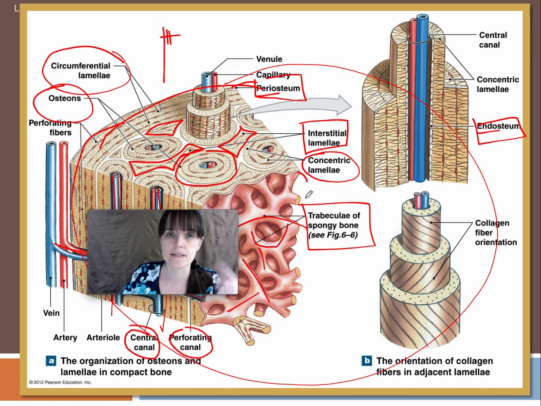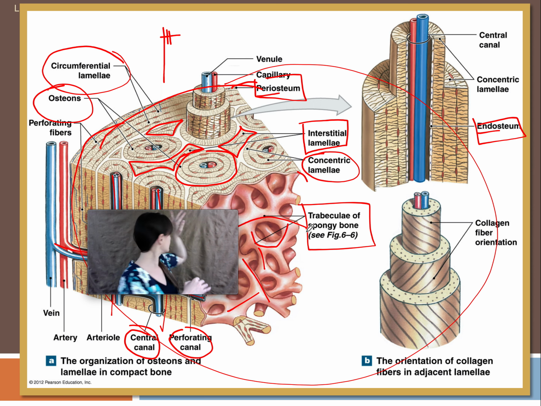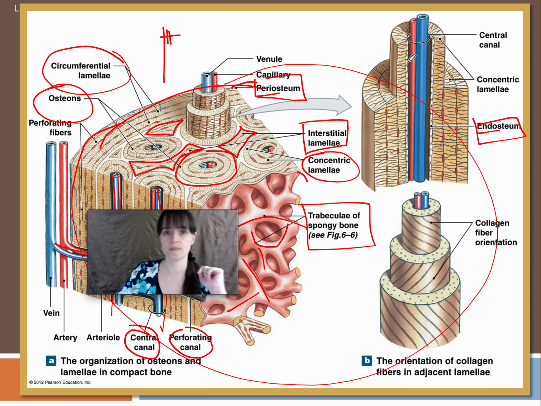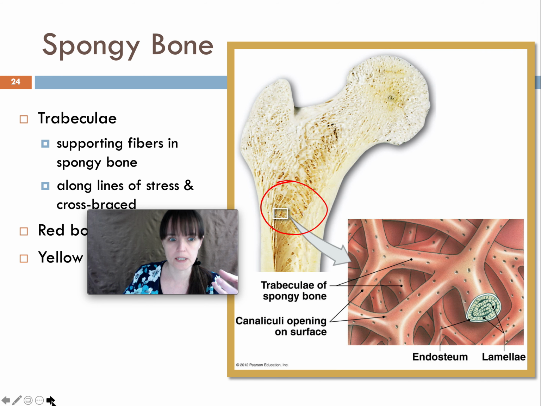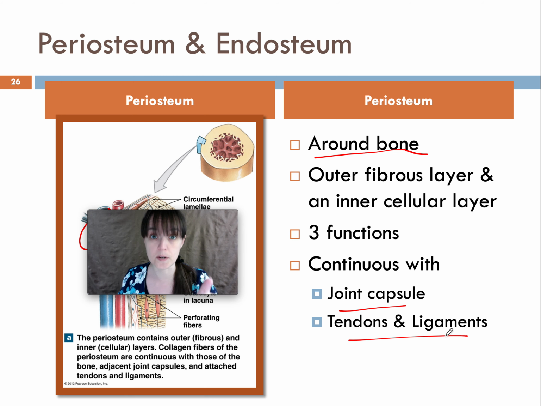Peri means around, like you put a periscope up and then you can see all the way around. And endo is within. So it lines everything inside. So there's no raw bone showing in a healthy bone. It is continuous with the joint capsules and the tendons and ligaments.